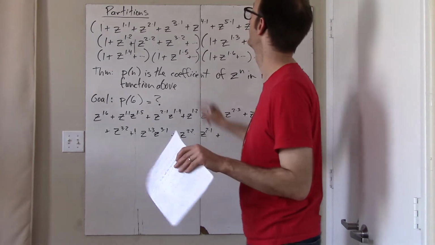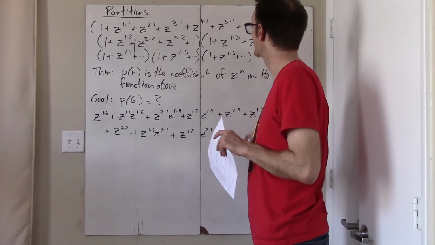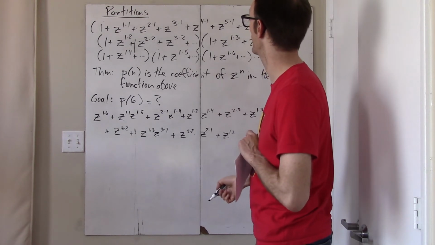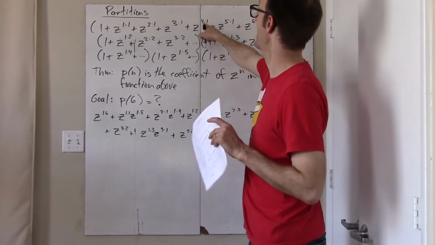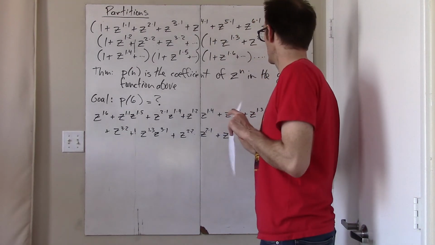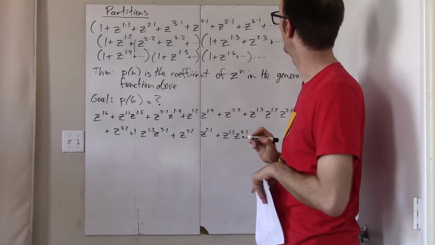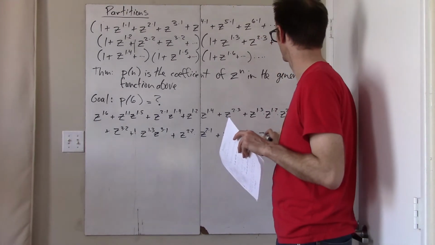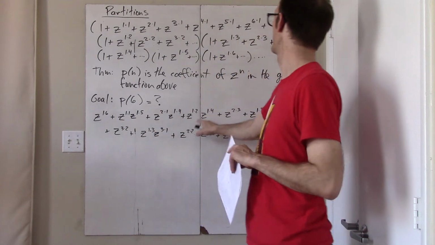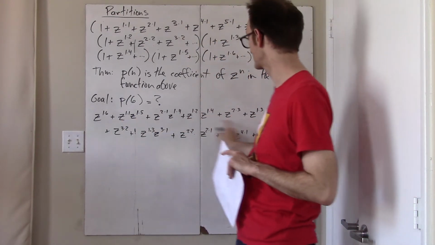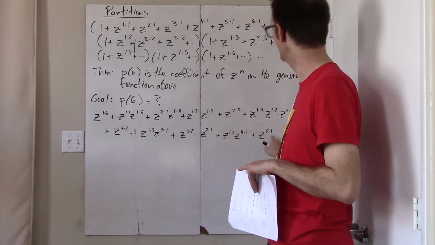I could do, moving on to here, z to the 1 times 2. Well, now that leaves 4 left over, and the only way to do that that hasn't already been taken care of is z to the 4 times 1. And finally, then we have z to the 6 times 1. Okay, let's count all these. 1, 2, 3, 4, 5, 6, 7, 8, 9, 10, 11.